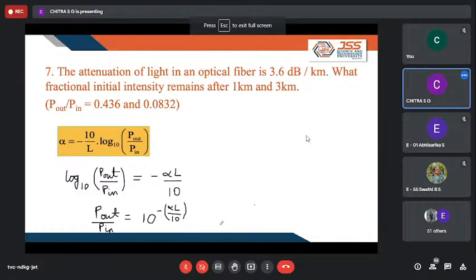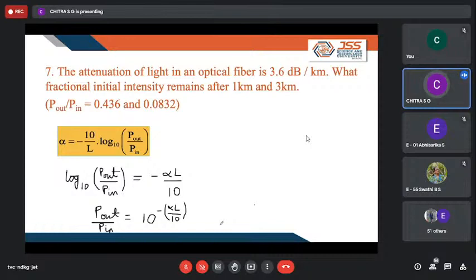What fractional initial intensity remains after 1 kilometer and 3 kilometer?